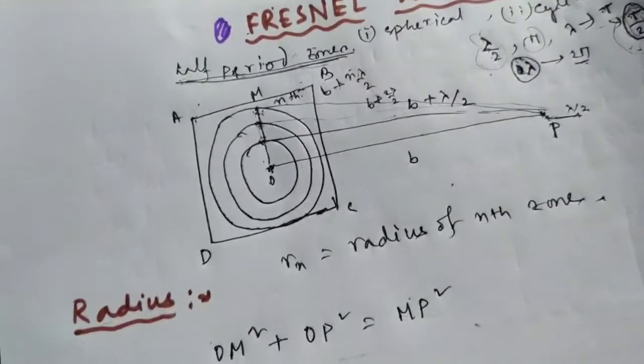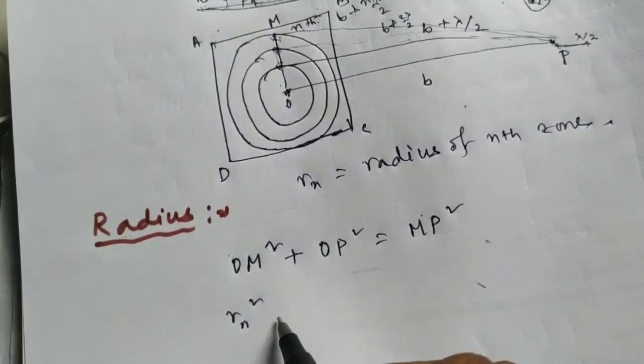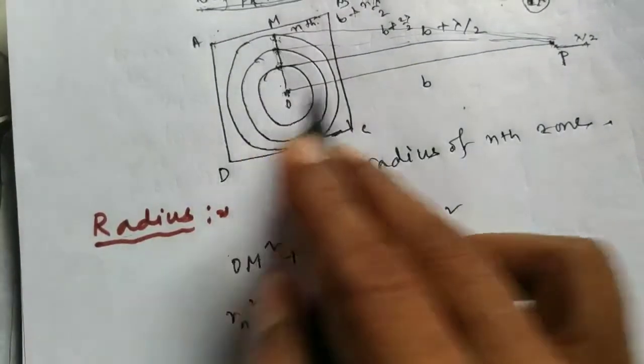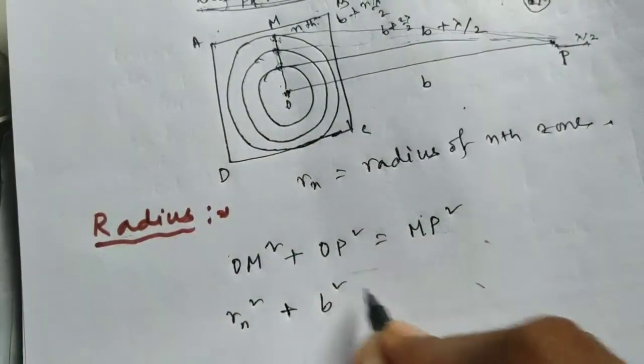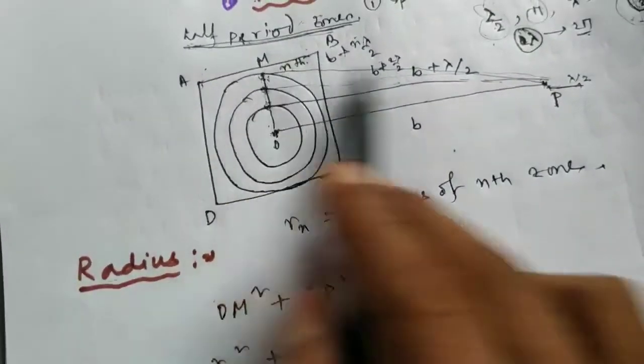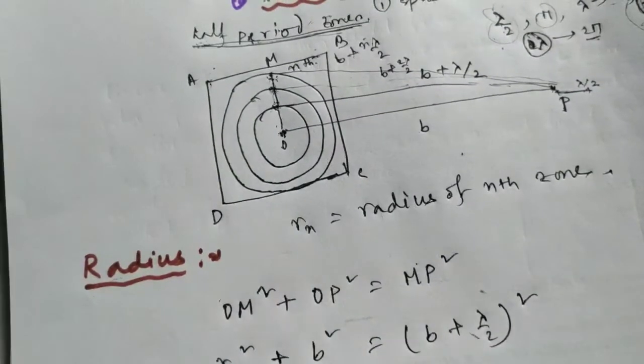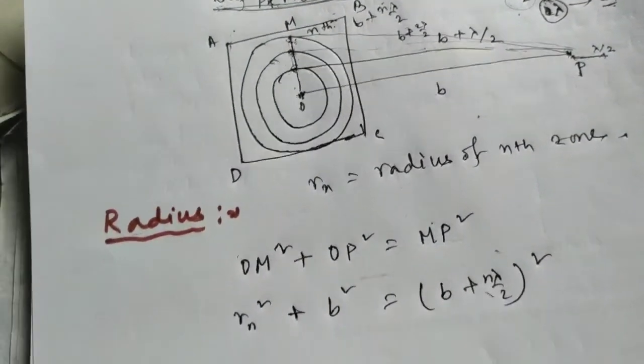Now Rn square equals OP square plus MP square. OP is b, so OP square is b square, and MP is b plus n lambda by 2, whole square.